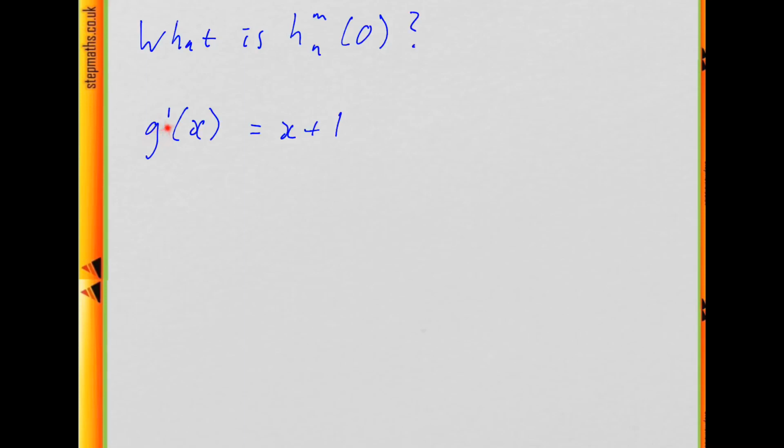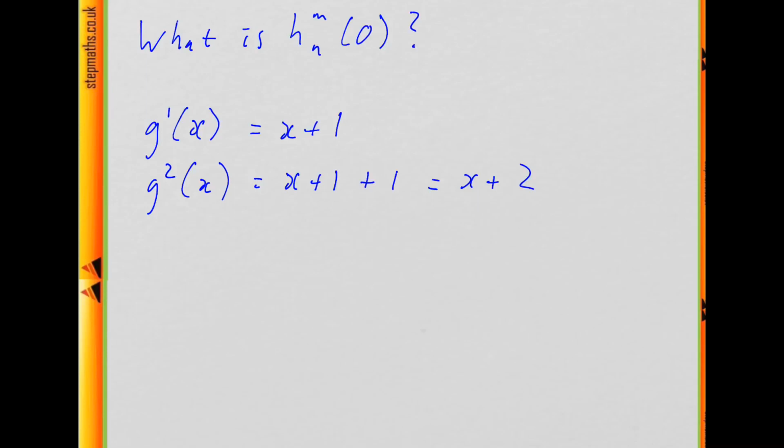Well, let's say g is just g1 of x. So this is g applied one time to x, and that's just x+1. What happens if we apply it twice? Well, we first apply g, so we get x+1, then we apply it again, so we get x+1 plus 1. So g2 of x is x+1 plus 1, that's x+2.